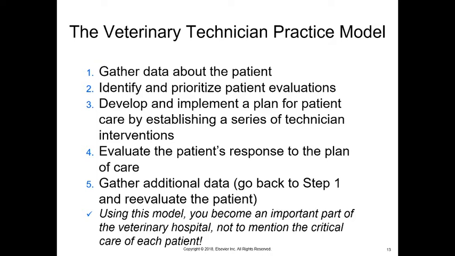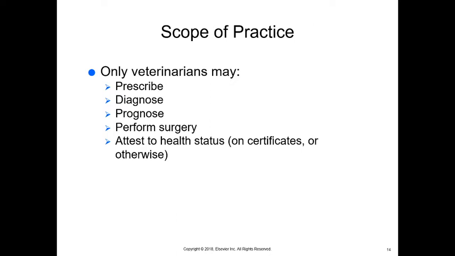So you're going to go back to step one and reevaluate the patient. When you use this model, gathering pertinent data, prioritizing, developing evaluations, doing technician interventions, doing what you know you can do legally, and then reevaluating, you become an important part of the veterinary hospital, not to mention the critical care of each patient.